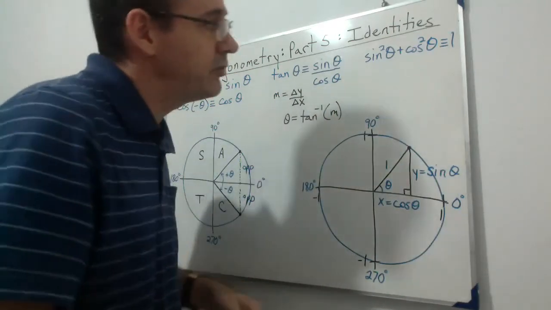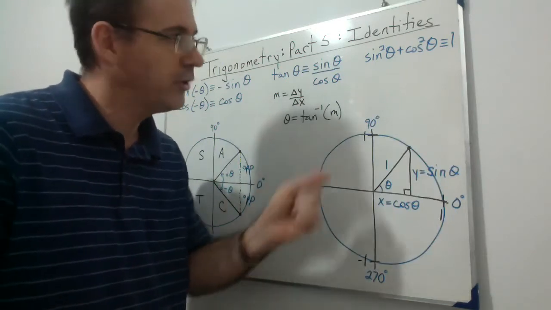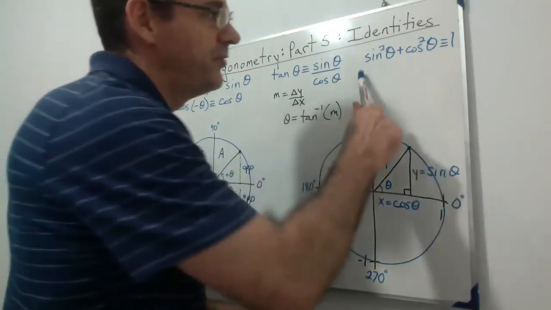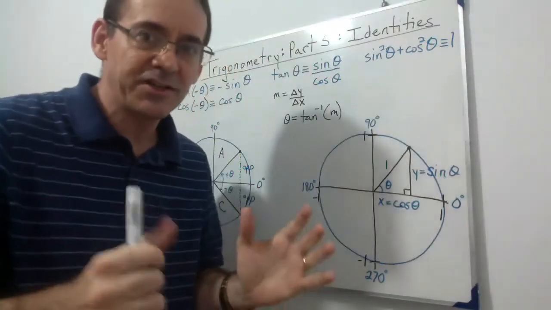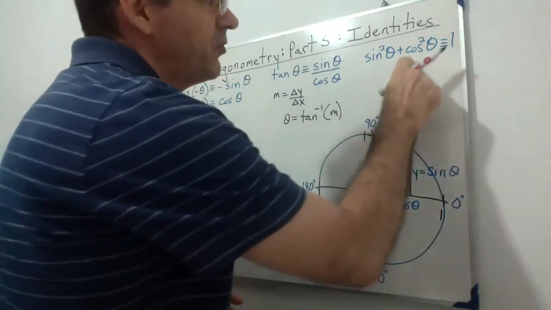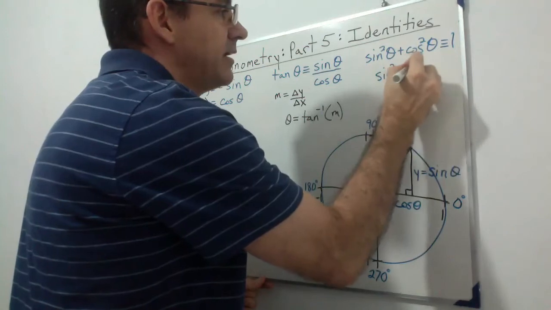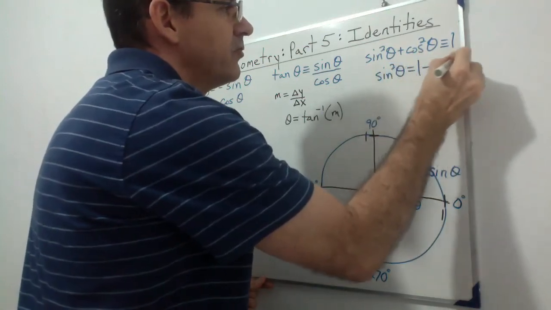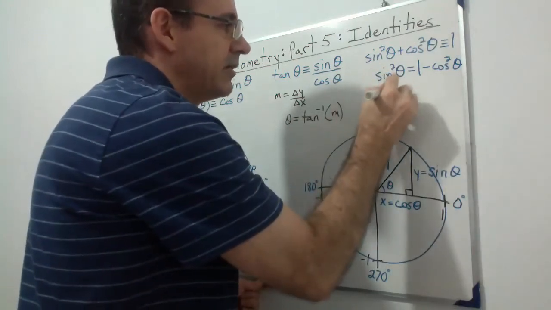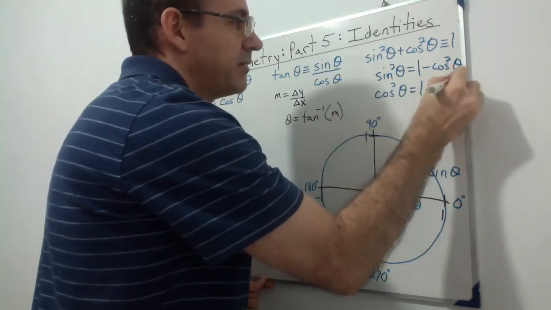And because algebra is important, you should be able to manipulate this identity. In other words, don't think of it as rigid, as only being one way. You can algebraically manipulate it. If you subtract the cosine squared to the other side, you get sine squared theta equals 1 minus cosine squared theta. Or if you subtract the sine squared to the other side, you get cosine squared theta equals 1 minus sine squared theta.